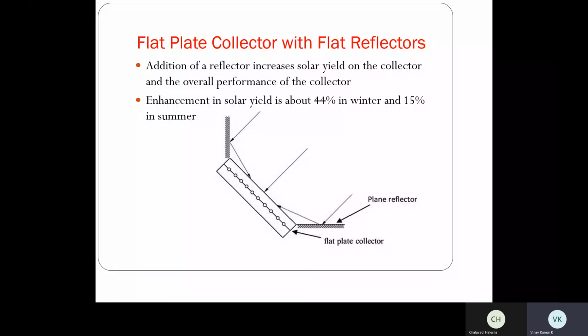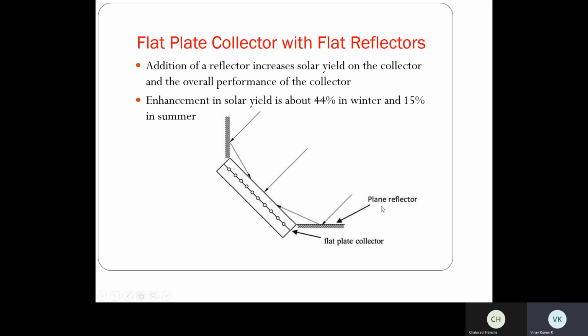A variation of flat plate collectors with a simple reflector can markedly increase the amount of direct radiation reaching the collector. This increases the total efficiency, and this is in fact a concentrator because the reflector is larger than the absorber plate.